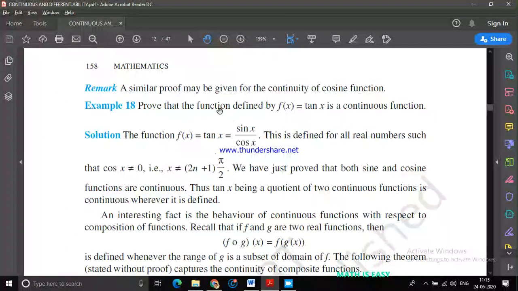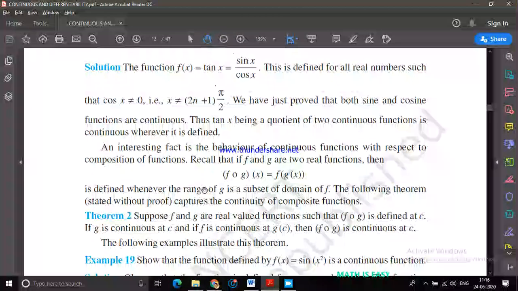So here you have tan x is a continuous function except at (2n plus 1) pi by 2. Why (2n plus 1) pi by 2? Because at these values the cos function is going to be 0. Or maybe the domain is removed. From the domain of tan, these numbers are removed. If you remember the domain of tan in the inverse trigonometric functions.